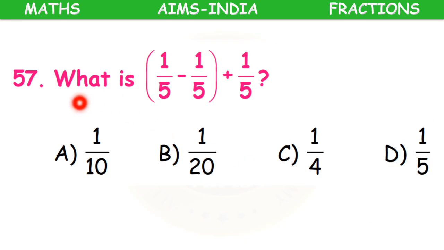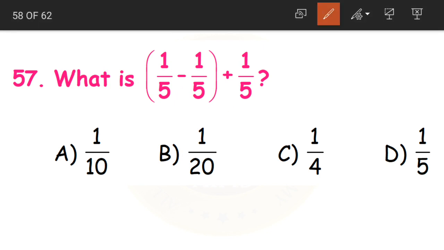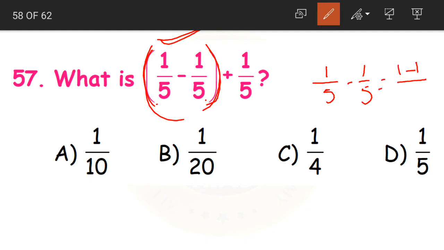Next question. What is 1 by 5 minus 1 by 5 plus 1 by 5? Now first we are having brackets here, right, children? So that is why we need to solve these two first. 1 by 5 minus 1 by 5. How do we subtract? 1 minus 1 divided by 5. 1 minus 1 is nothing but 0 by 5.